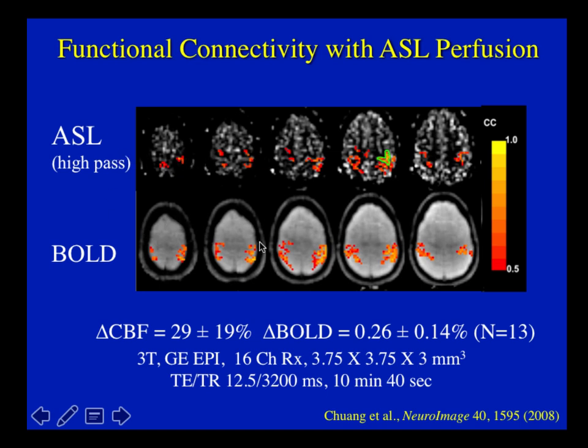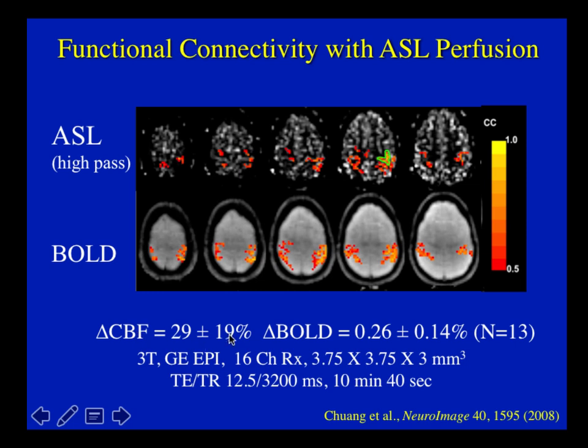And here are the corresponding images from BOLD. So in these ASL-based functional connectivity maps, you also have to make sure that the data are properly high-pass filtered, so that we remove any contamination from the BOLD signal changes. So again, the functional connectivity maps performed with the ASL or perfusion-based experiments allow you to determine the fluctuations of blood flow compared to the resting state.